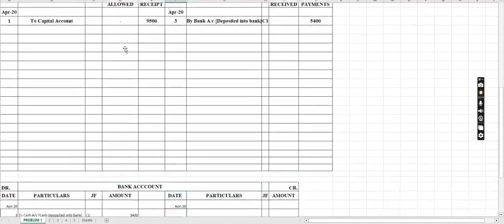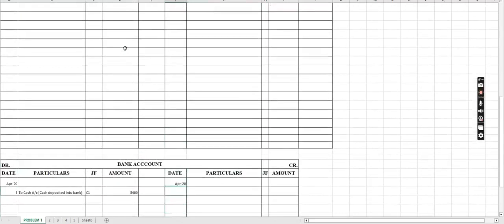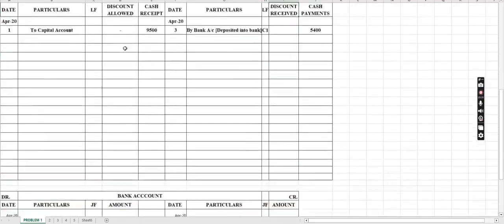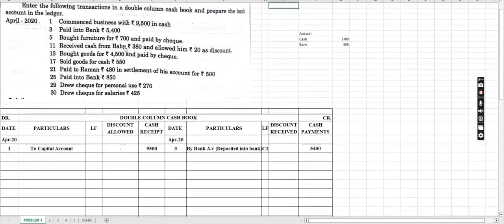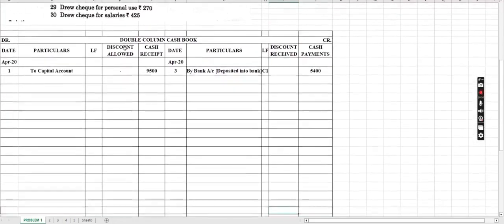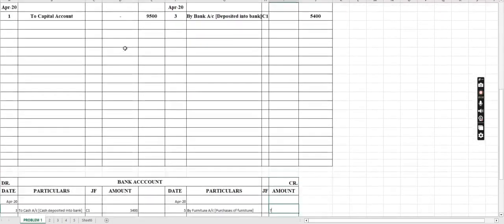On 5th, buy furniture, or we can say in a bracket, purchase of furniture. We have spent how much amount? We have spent rupees 700. Okay, we have spent rupees 700. That 700 we will write it here.